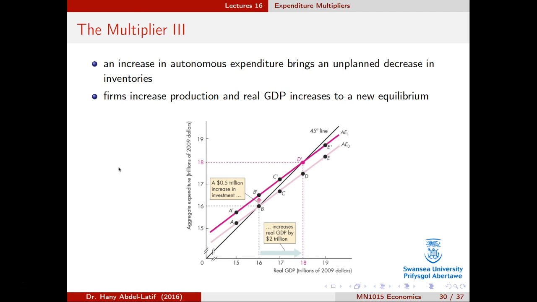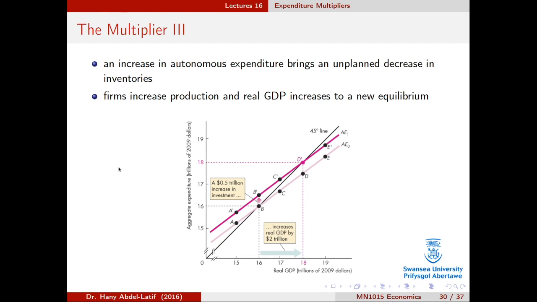That makes the multiplier in this case, not the case I just explained with G, equal to 4. Why? Because the change in investment was 0.5, but the final impact in real GDP was 2. So that means 4 times 0.5.